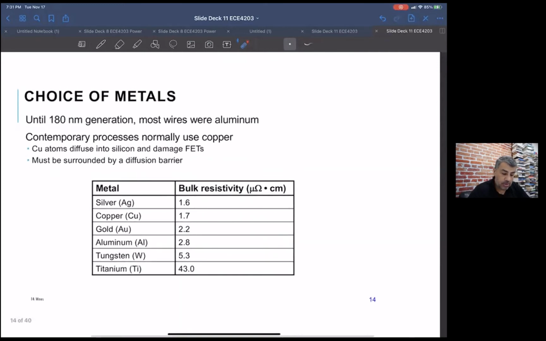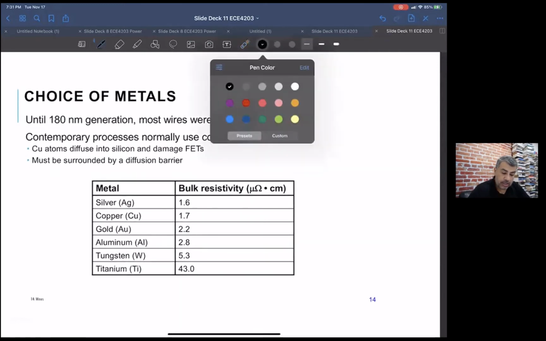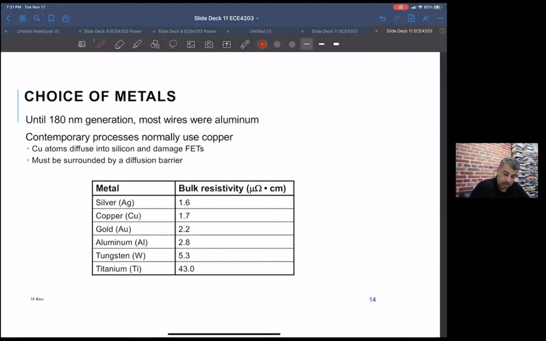So these are just some random layers, but really the ones you see in chip design are copper and aluminum. You see tungsten for vias, or the connections between the wires.